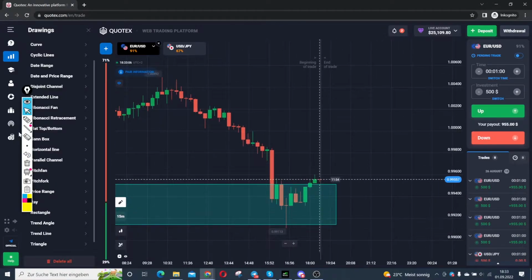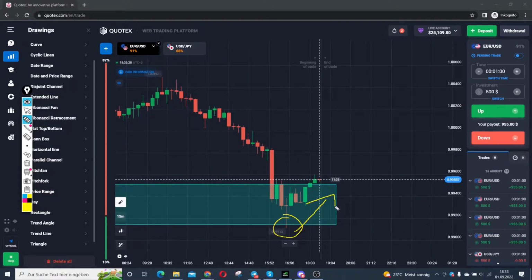We see this in the 5-minute chart, and it's also called a fake breakout with a confirmation setup of the candle.